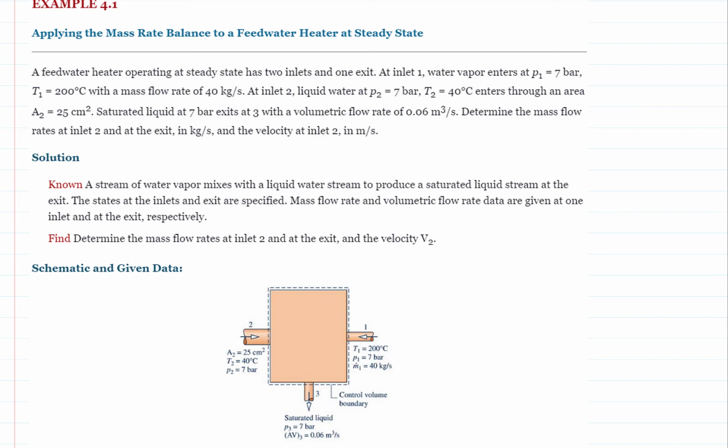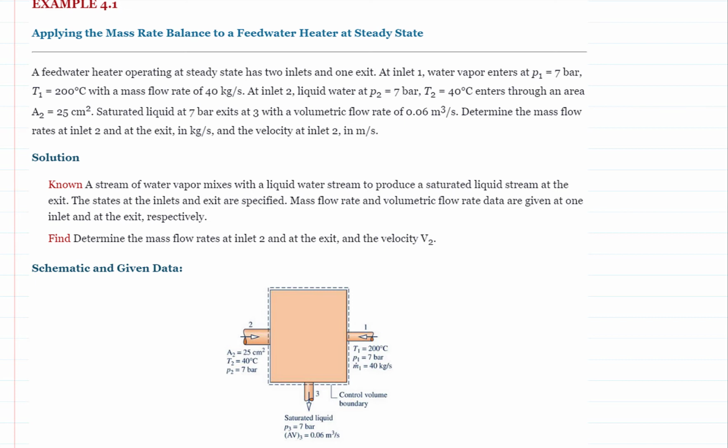At inlet 2, liquid water at pressure 7 bar, temperature 40 degrees Celsius enters through an area of 25 square centimeters. Saturated liquid at 7 bar exits at 3 with a volumetric flow rate of 0.06 cubic meters per second. Determine the mass flow rate at inlet 2 and the exit in kilograms per second and the velocity at inlet 2 in meters per second.